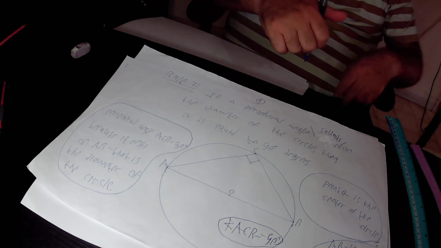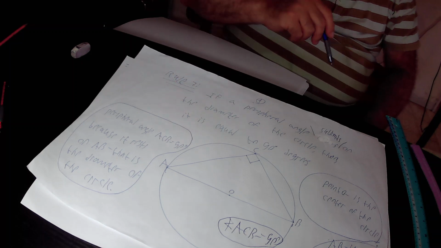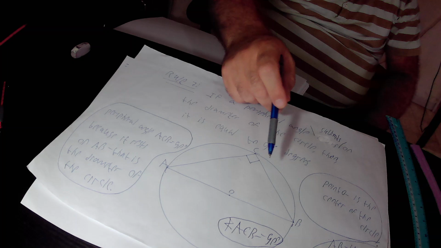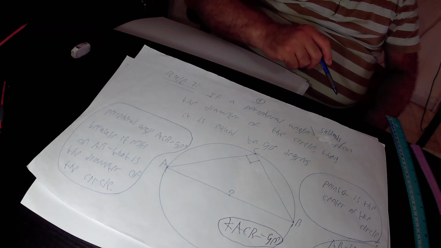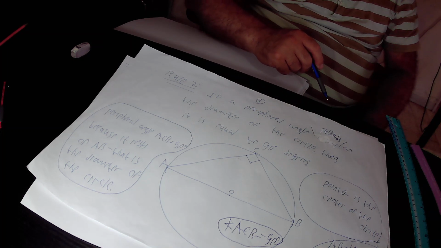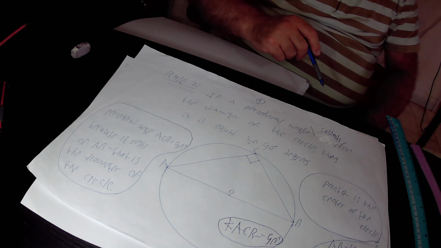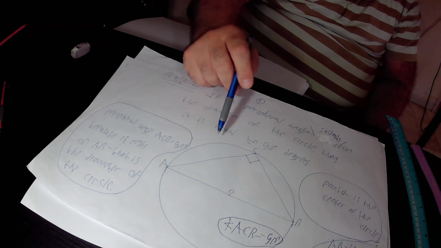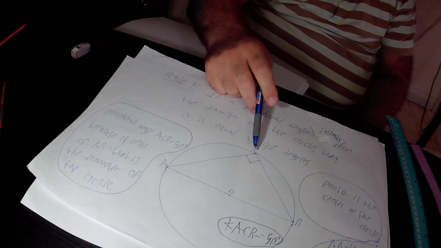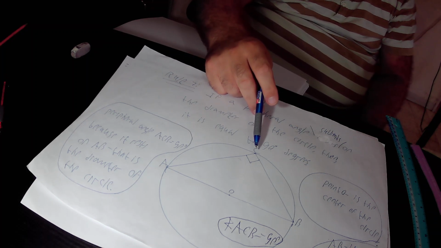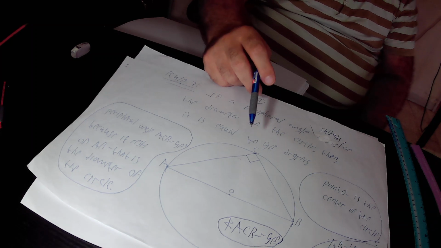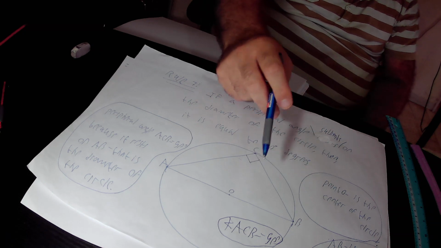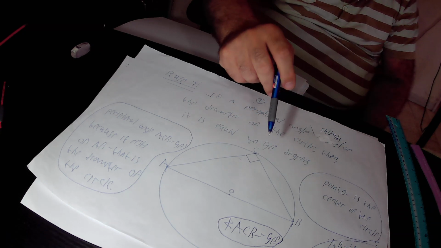So in the drawing we have a circle, and we know that AB is the diameter of the circle, and we have here peripheral angle ACB. We don't know what is the size of this peripheral angle ACB, but because this peripheral angle subtends AB, that is the diameter of this circle, it must be equal to 90 degrees in its size.